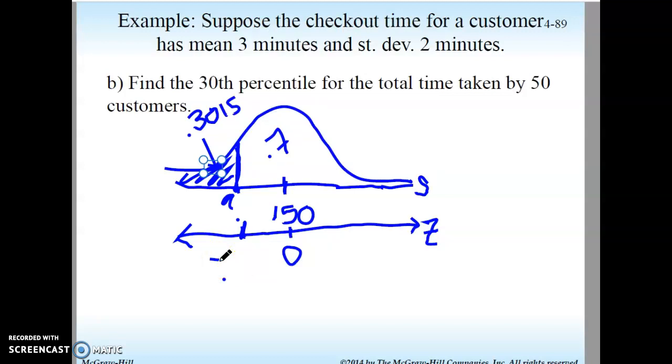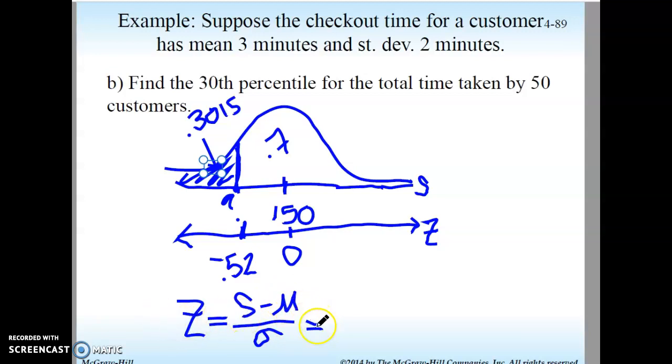That is the z-value. Once again, I'm going to have you figure out what the 30th percentile for S was. You can get it by z equals the score minus the mean for that score, over the standard deviation, and the z we know is negative 0.52.